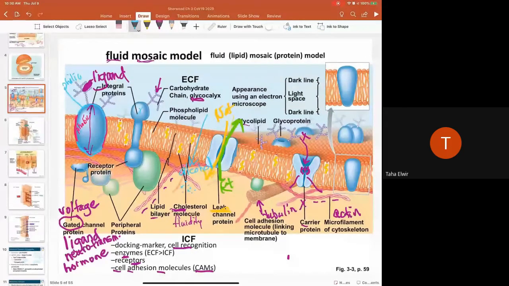You have a sodium channel, you can come in. You have a transporter over here, and that brings you in, like glucose. Glucose has its transporter. And so glucose out here, let's change to that.